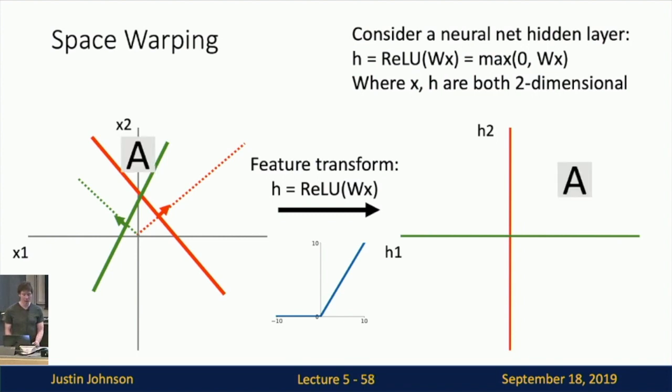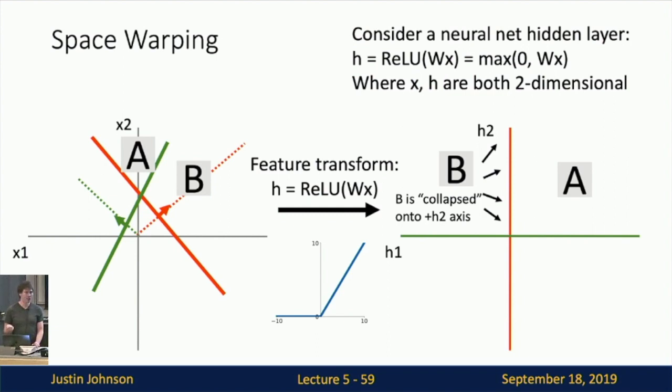So in this first region A, which corresponds to the positive quadrant in the input, because it corresponds to both of the directions of increase for the red and the green lines, it will transform just as it did in the previous linearly transformed case. And this quadrant A in the input space will be linearly warped into the quadrant A in the transformed feature space. But things get very interesting when we imagine quadrant B.